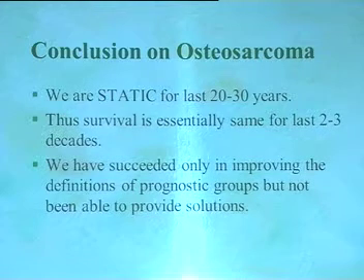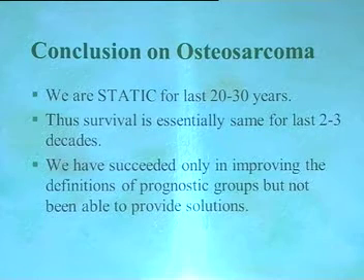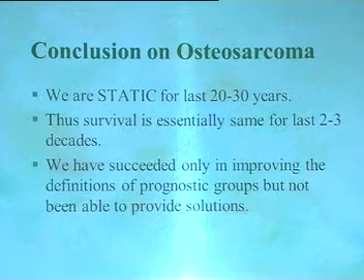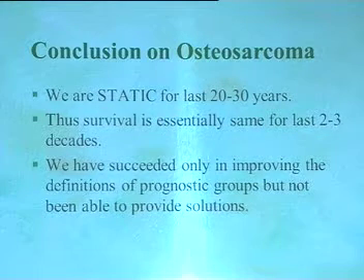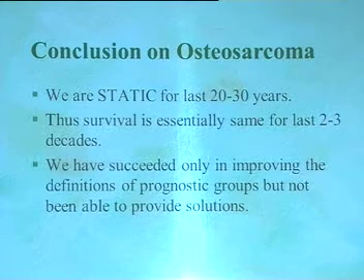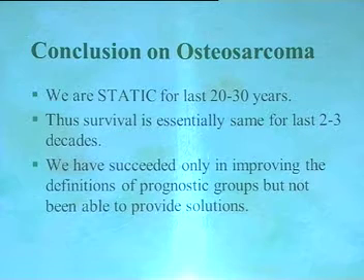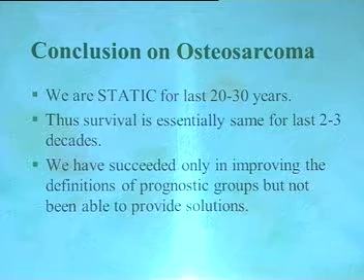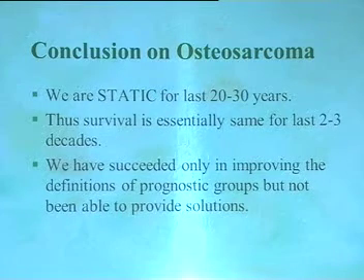We have succeeded in improving the definitions of prognostic groups, but we have not been able to provide good solutions. Even the work on the use of trastuzumab in osteosarcoma so far has not shown a significant beneficial effect, although we know that the presence of HER2/neu is a poor prognostic factor in osteosarcoma.